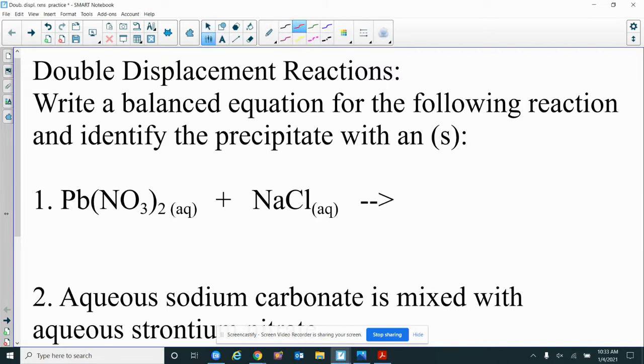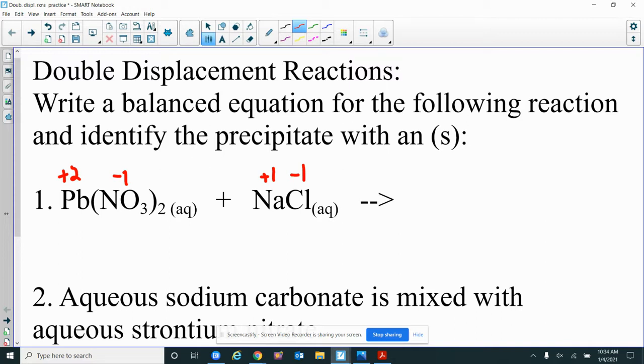I would recommend when you do these, write the charges of everything on top. So you can use your polyatomic ion list if you don't remember, but nitrate is -1. There's 2 of them, so that's -2 total. So that means the lead has to be +2 in this. Over here, alkali metal is +1, chlorine is -1. In double replacement reactions, those charges don't change.